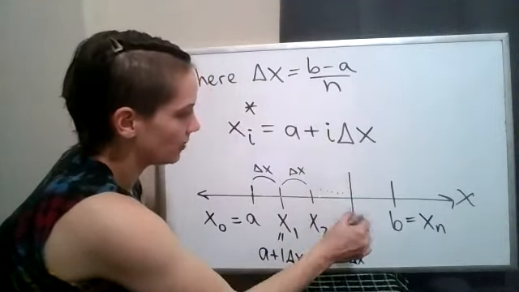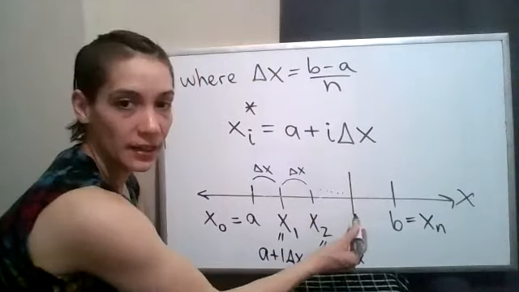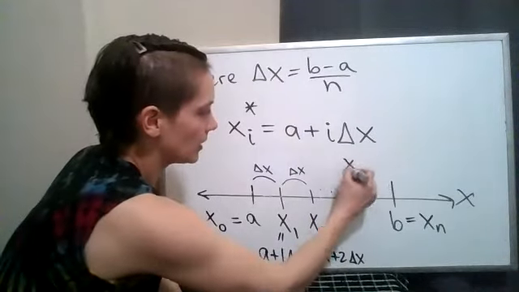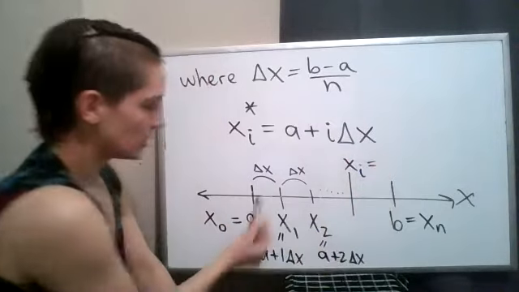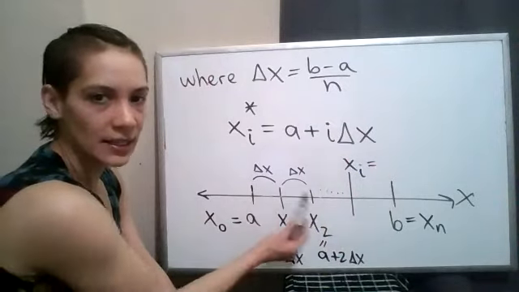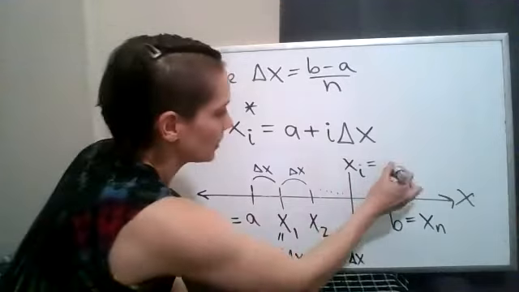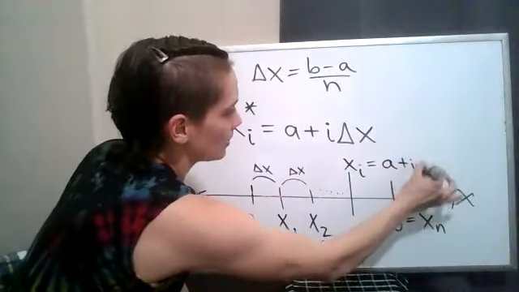Somewhere here you have x sub i. Let's put it like this. x sub i would be starting at a and adding delta x i times. So a plus i times delta x.